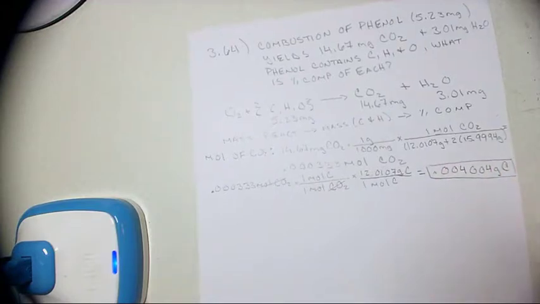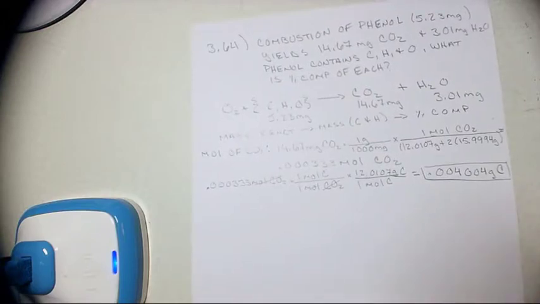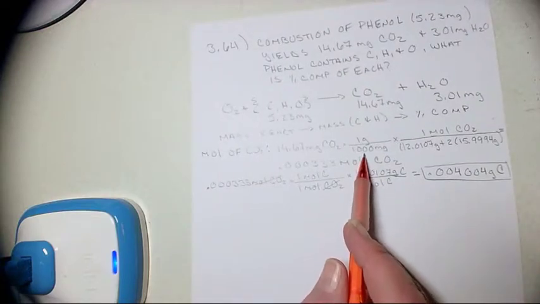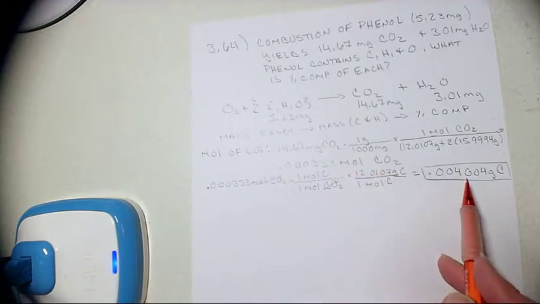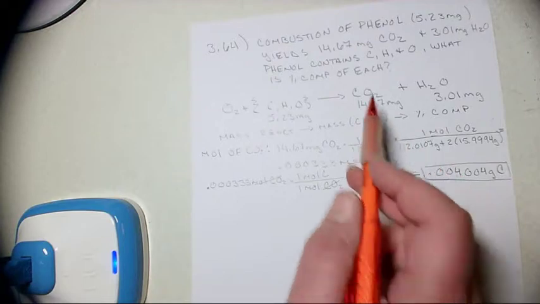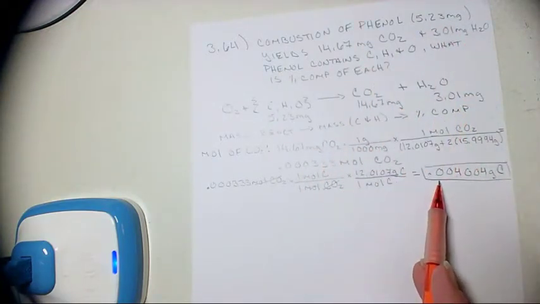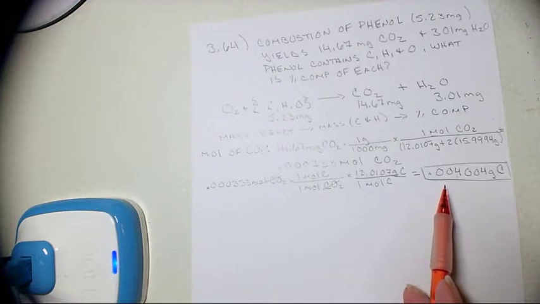Now, there is a little bit of a shortcut that you can get away with if you're very comfortable with this, and I did not do that. By skipping this conversion, you can see that this is actually 4.004 milligrams. And seeing as we're in milligrams up here, you can do that so long as you are really sure of what you're doing and what your units are going to be when they come out at the end.